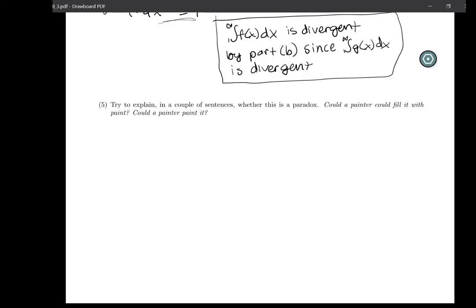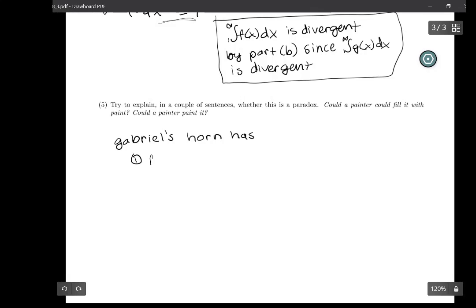I'll point you in the right direction by saying that Gabriel's horn, and these are things we talked about earlier, has a finite volume. We know what this is, 3 pi, we calculated the volume. But it has a divergent, so infinite, surface area.